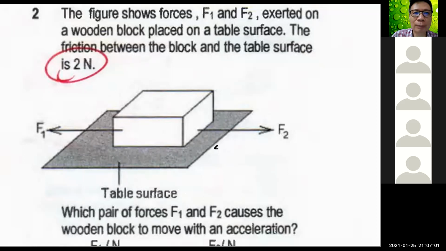Moving with acceleration means you must have extra force, you must have a net force. So which pair of forces, when you combine, gives you extra force? That one will make the object accelerate. Okay, now I want to hear from who already?